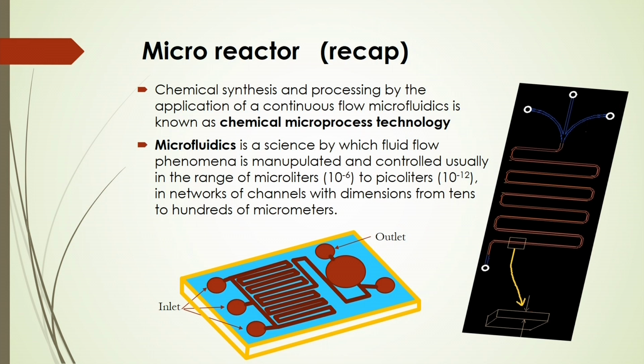We know that chemical synthesis and processing by application of continuous flow microfluidics is known as chemical microprocess technology, and microfluidics is a science by which fluid flow phenomena are manipulated and controlled, usually in the range of microliters to picoliters, in networks of channels with dimensions from tens to hundreds of micrometers.